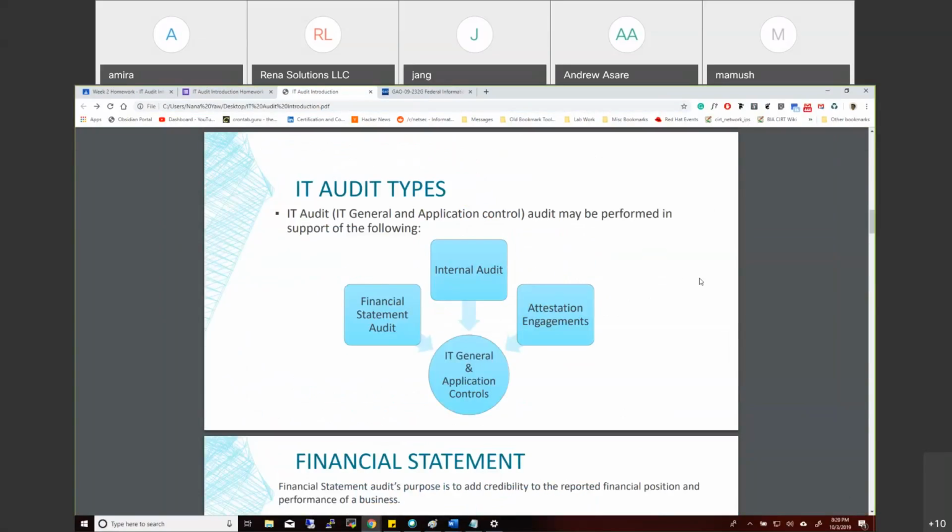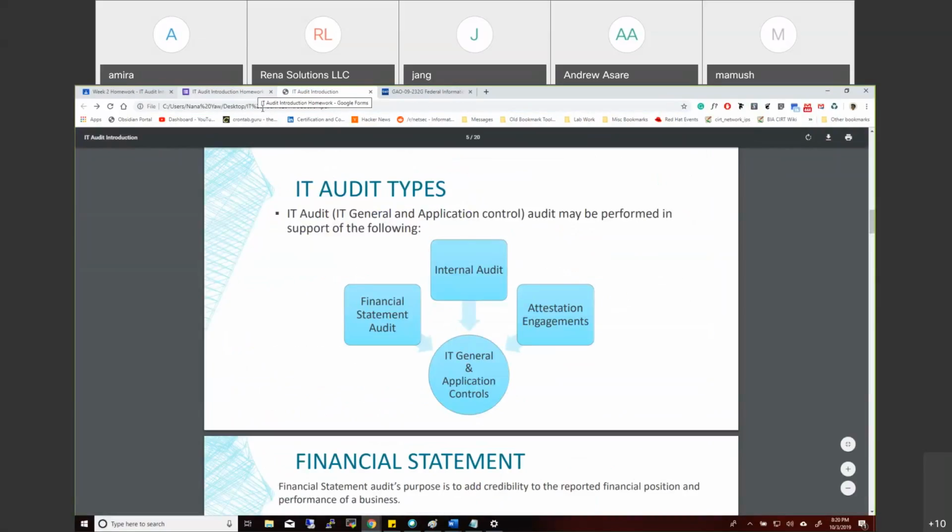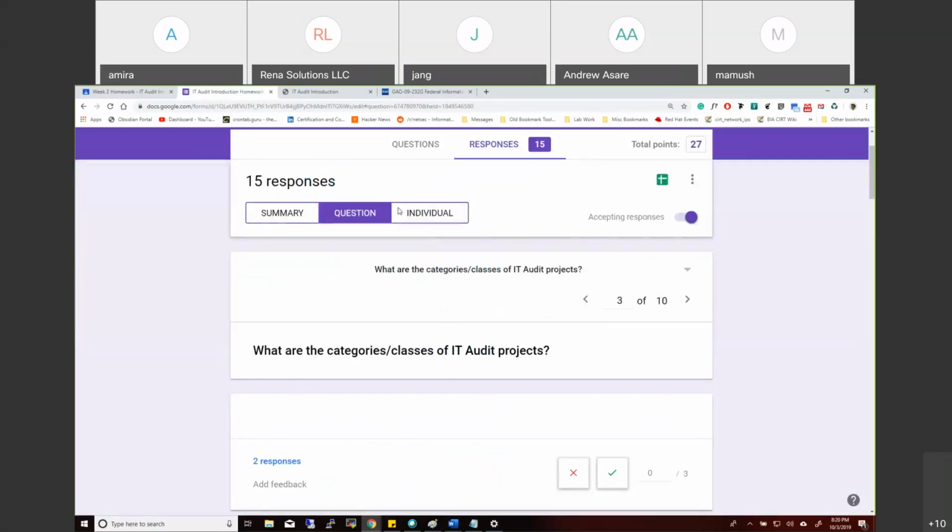So when you talk about the categories or classes, you're talking about these three different groups. And under these different groups, the various projects use different frameworks for execution. Makes sense.